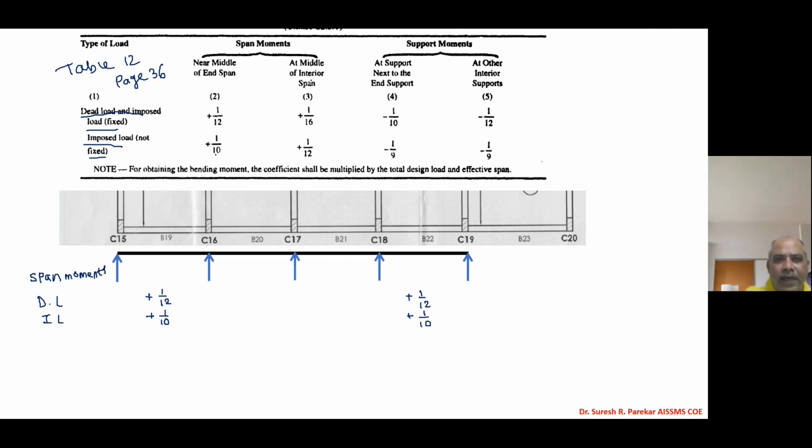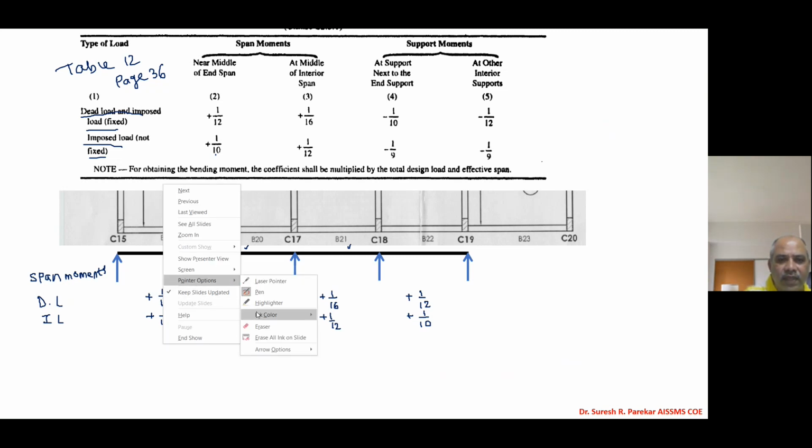Then we have the middle of interior span. For these two interior spans, the dead load values are plus 1/16 and plus 1/16, and for live load we have plus 1/12 and plus 1/12. So these values are for span moments.